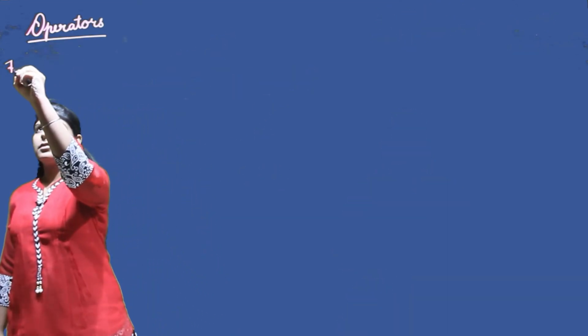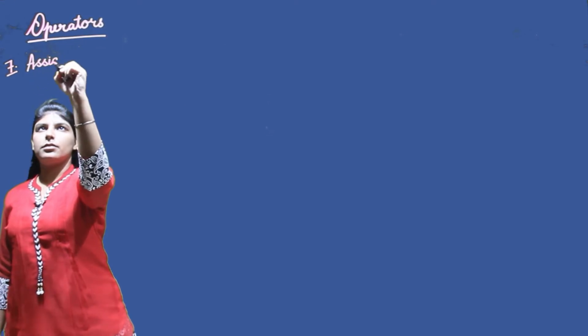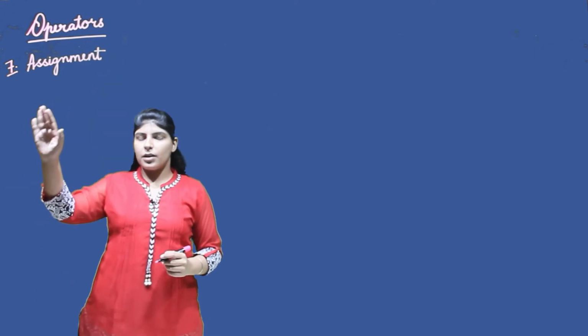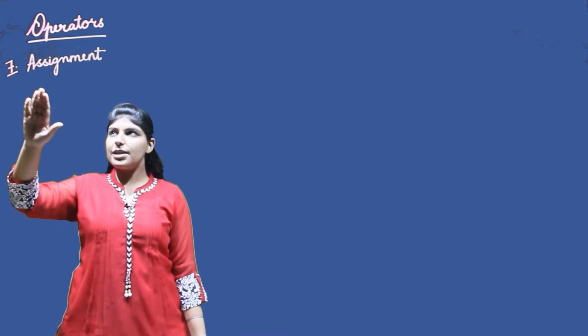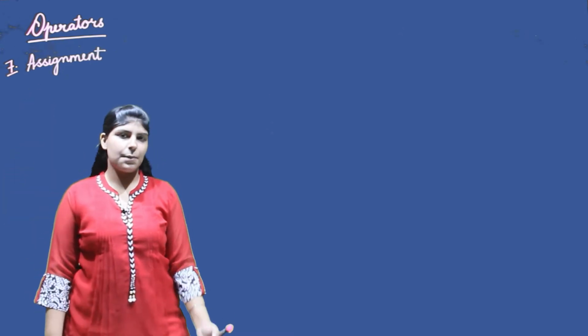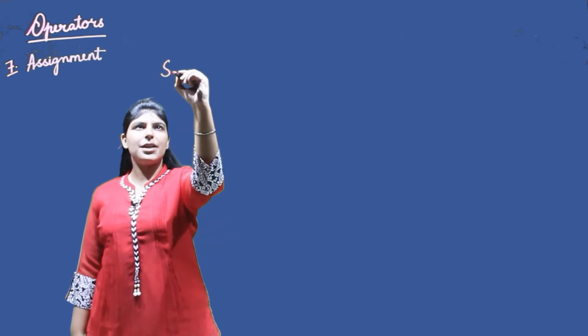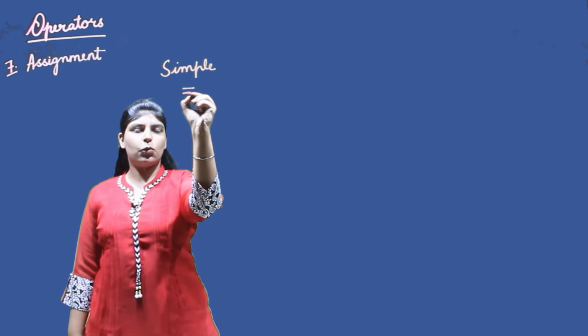Next operator is assignment operator. This operator is used to assign values to the variables. These operators are used in two ways: simple assignment operator and compound assignment operator. In simple assignment operator, we just have an equal to sign.